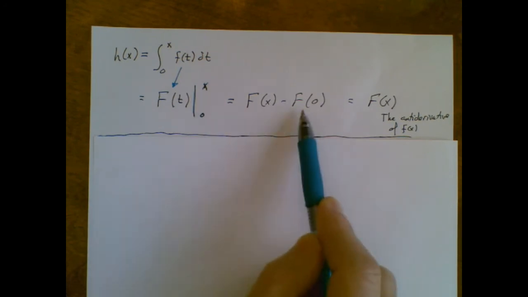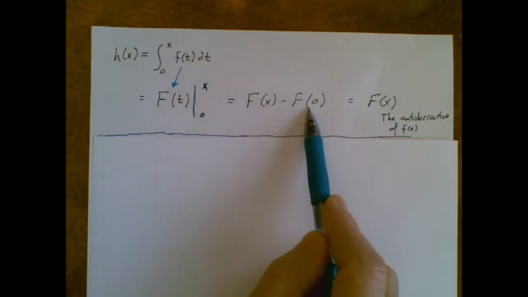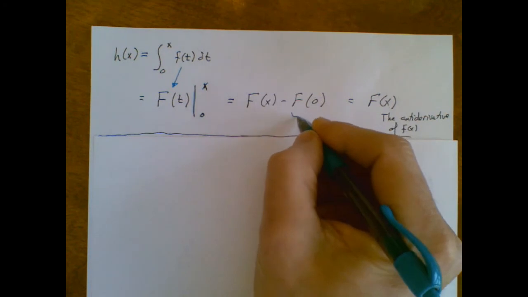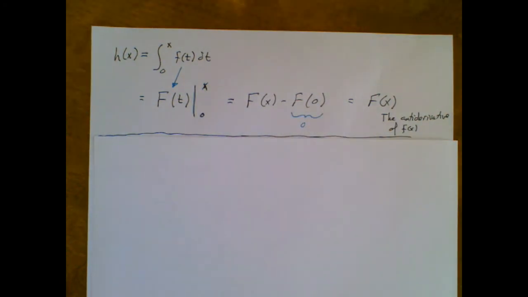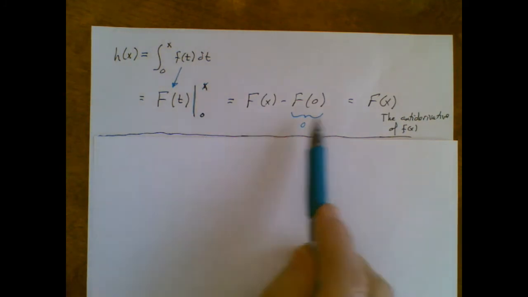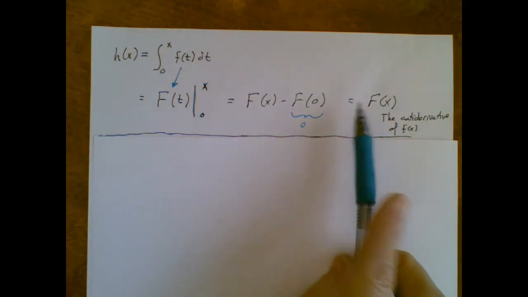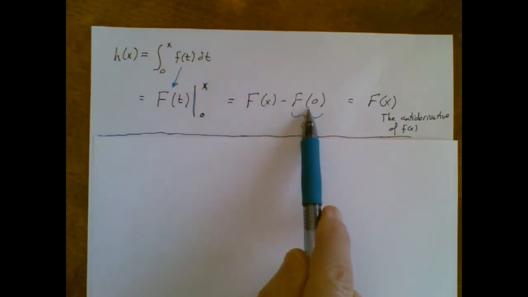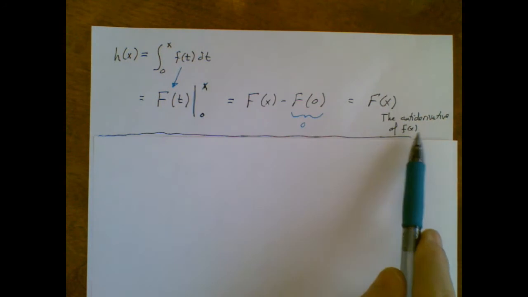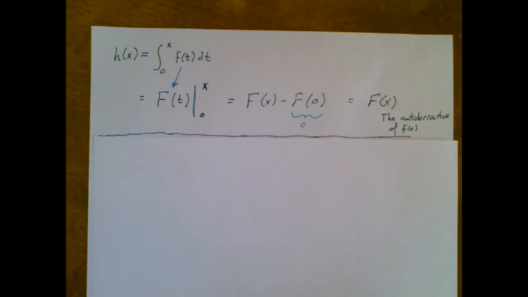That's what that looks like: F of x minus F of 0. In this case, F of 0 ends up equaling 0. You could go ahead and check that out if you want. We will here shortly, which ends up equaling F of x. So this is showing that as I go through the mechanics of integration, it leaves me with the antiderivative of f of x, which is what we said on the other side.